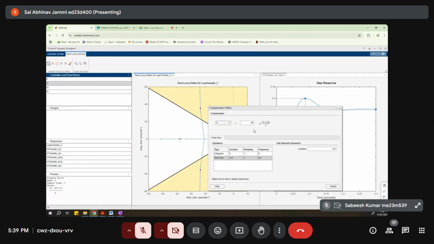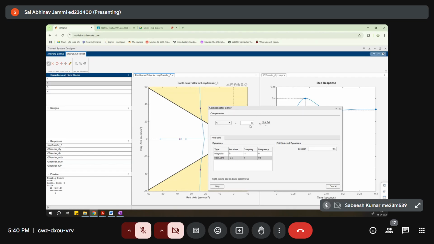If you see, it is 20 times (1 plus 2s) by s. In our form, the 1 plus remains the same, and this 2 is the inverse of the location of the real zero. So 20 into 2 is what is coming out as 40 in that window on the left hand side. Yes, that is clear.